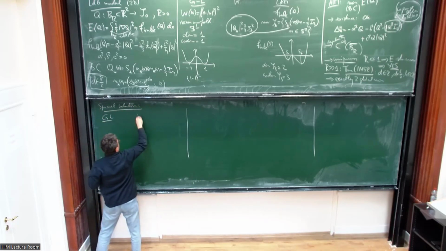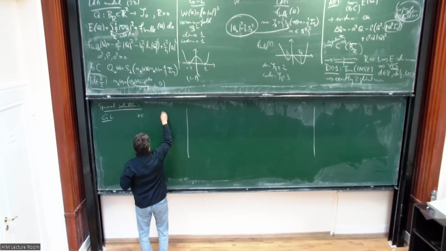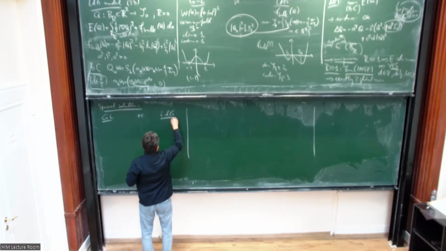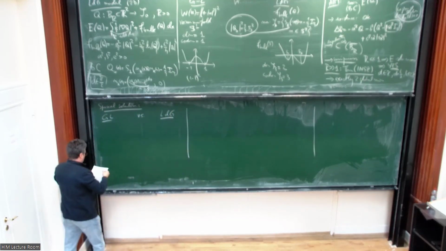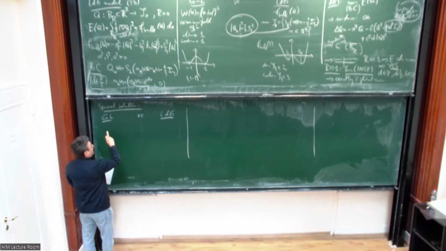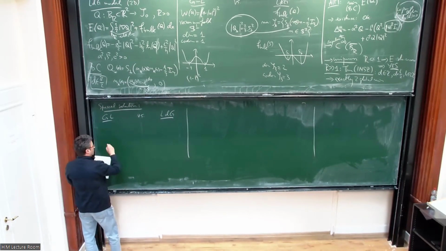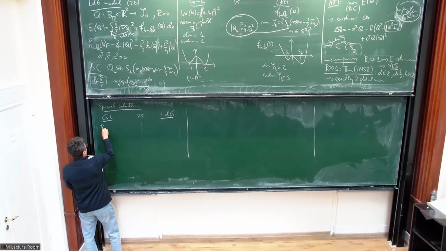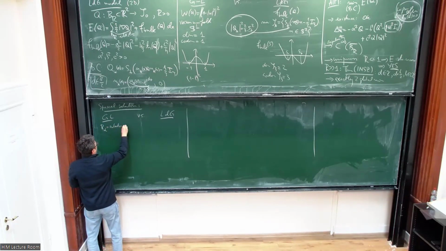Landau versus LDG. So how did we find our special solutions? We looked at group actions, right? And the group actions were given by the rotation of angle alpha, right?